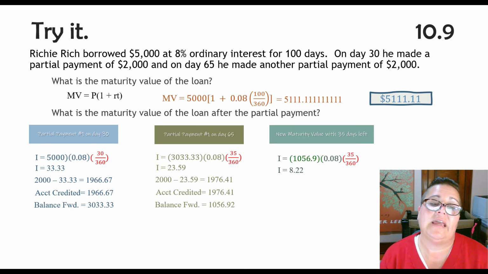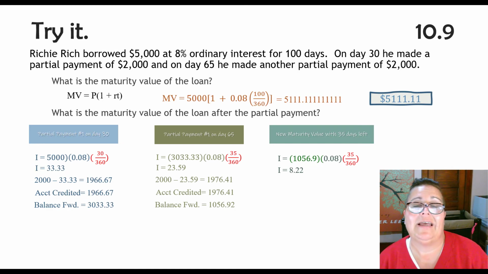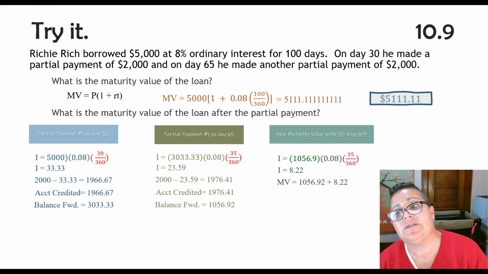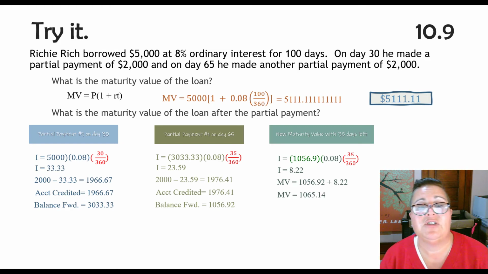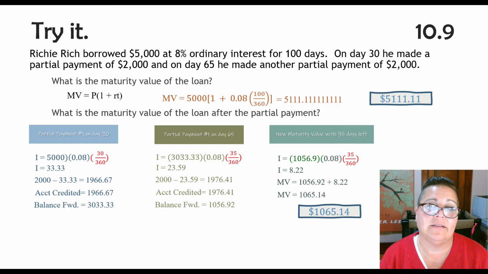This is interest of $8.22. So when Richie Rich goes to make his final payment, he owes the $1,056.92 and an additional $8.22. This is a maturity value of $1,065.14.